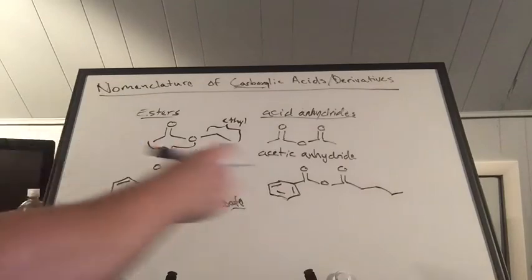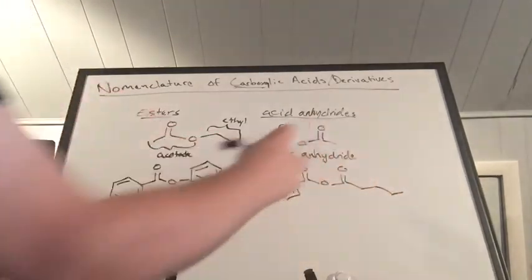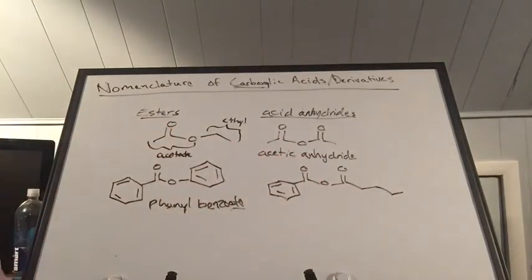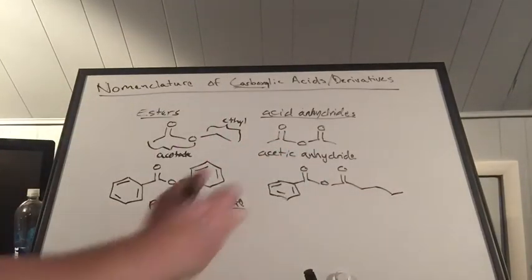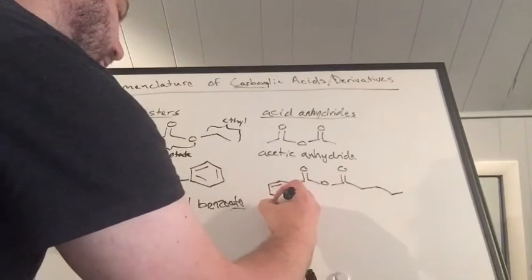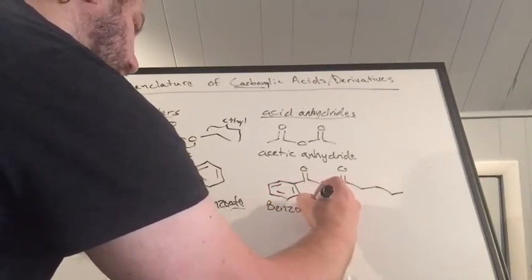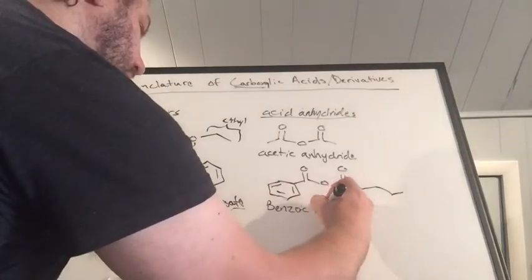Okay, so pentanoic acid would be on the right here, benzoic acid would be on the left. So that would be benzoic pentanoic anhydride.